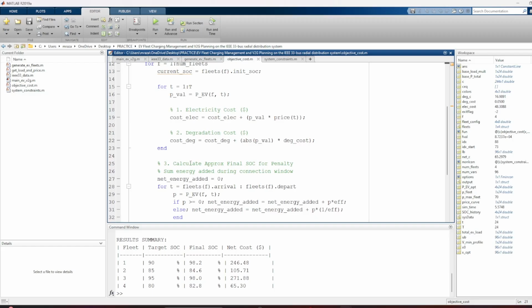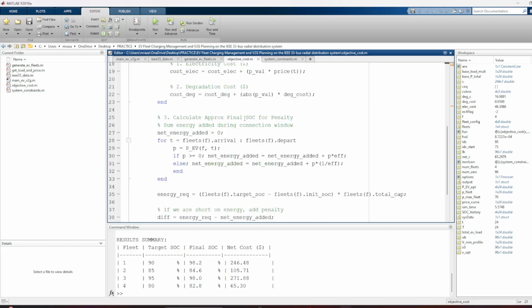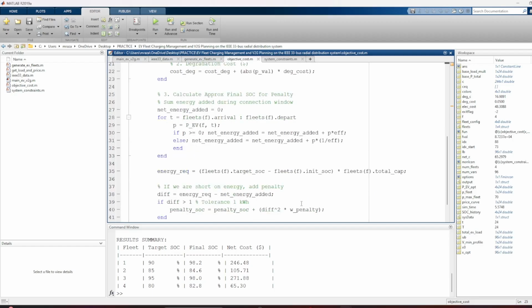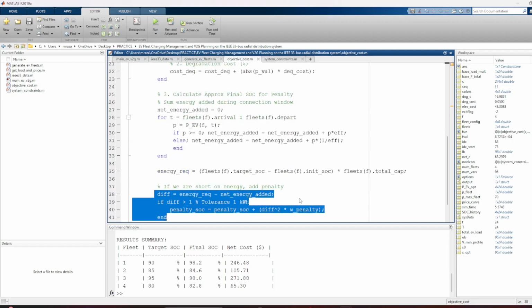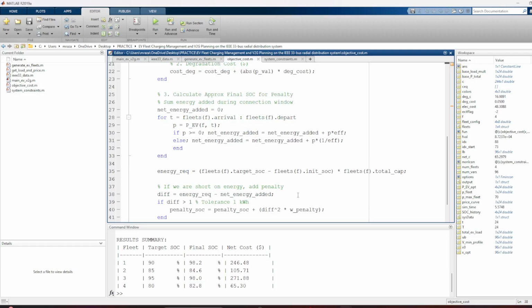And the final function, which is the main function in this file, is the SOC penalty. Here is a little logic for it. The logic checks if the final SOC meets the target SOC.